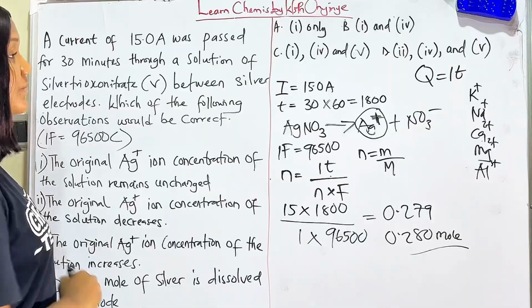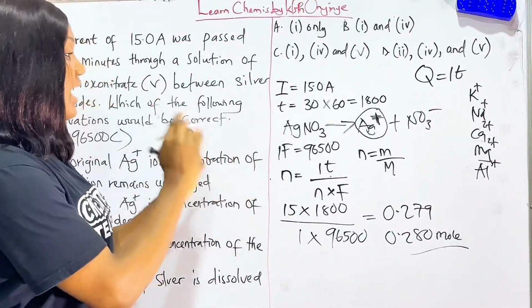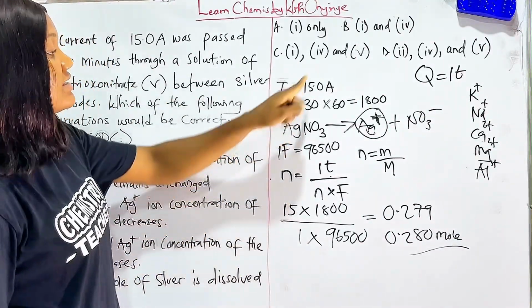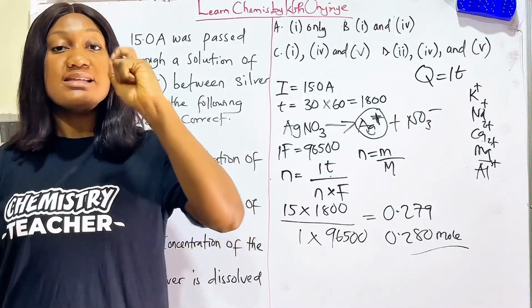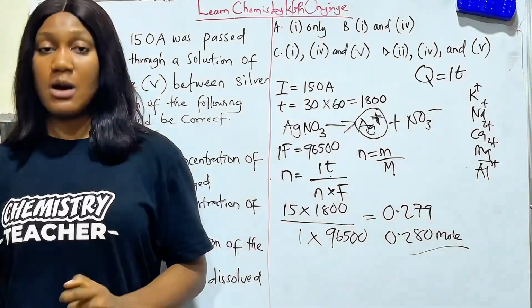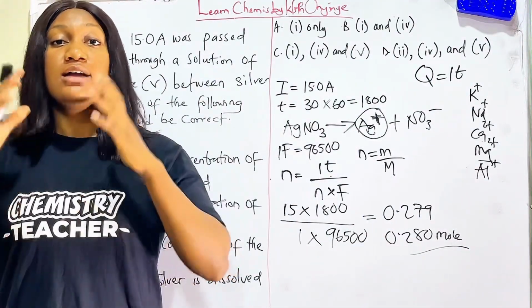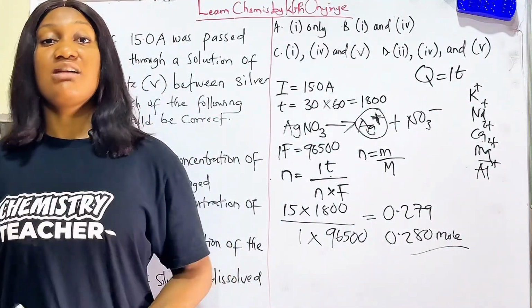So come back here. Now the electrode used here is a silver electrode. It's a metal. Now what does the metal rule say? It says that if the electrode is a metal, it's going to interact with the solution.